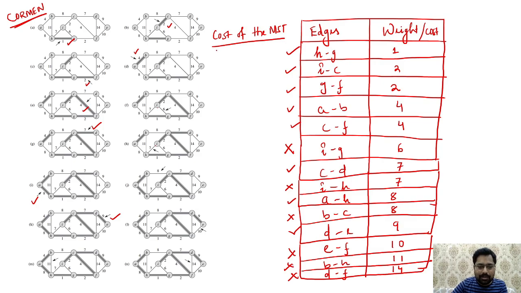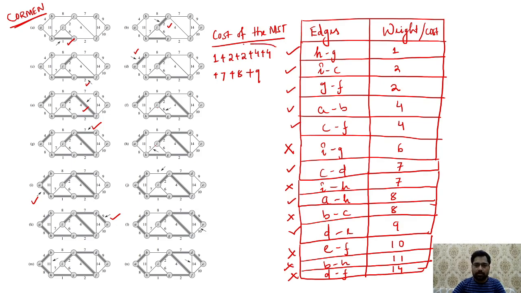Okay. So now the cost could be written as A to B, which we have picked, or you can say from this tick mark, I'm just adding the cost: 1, 2 plus 2, 4 plus 4, next plus 7, next plus 8, next plus 9. Okay, so 9, 8, 7, 4, 4, 2, 2, 1.